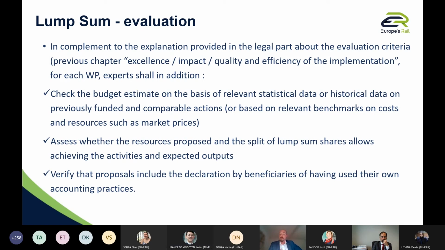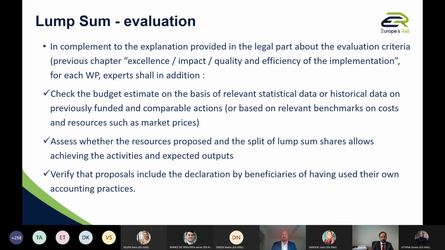We will take some statistical data and make the comparison with what you have proposed. So the expert will assess this part, they will make the comparison, and in case they consider it's acceptable, then it will simply be confirmed.